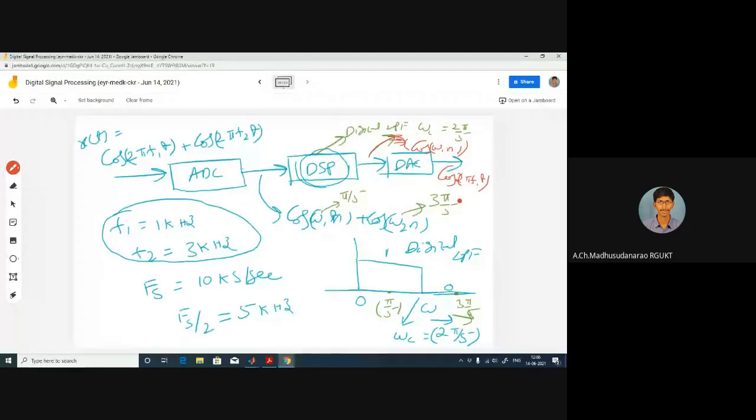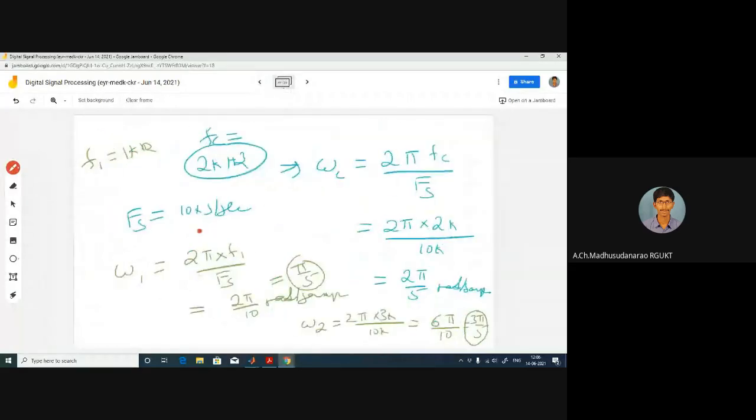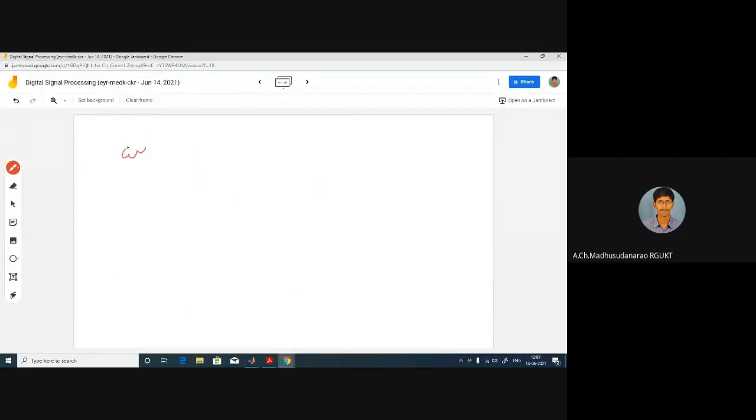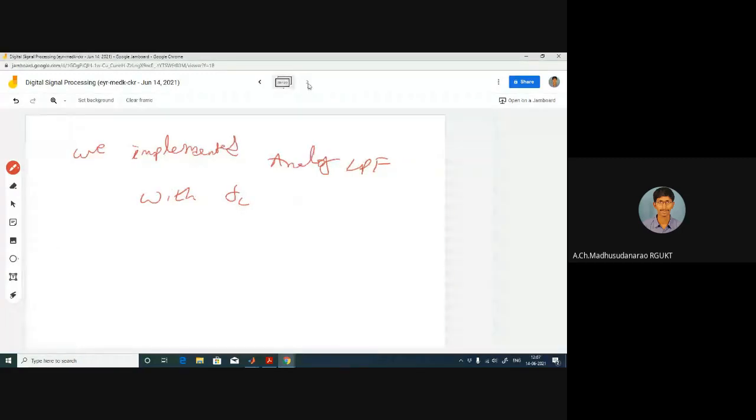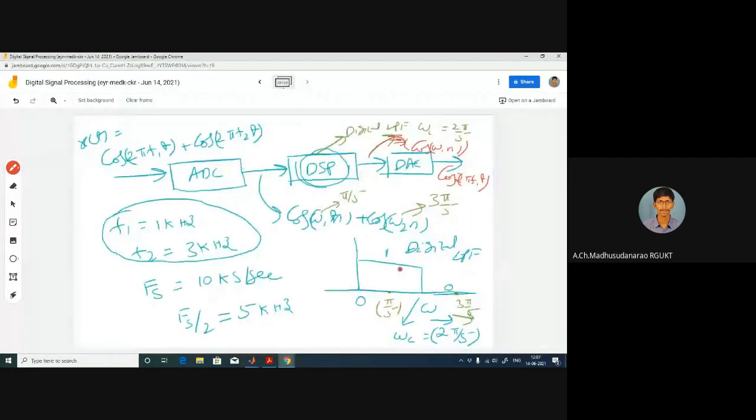What I had done in this experiment is I tried to implement an analog low pass filter with the equivalent analog cutoff frequency, 2 kilohertz, right?